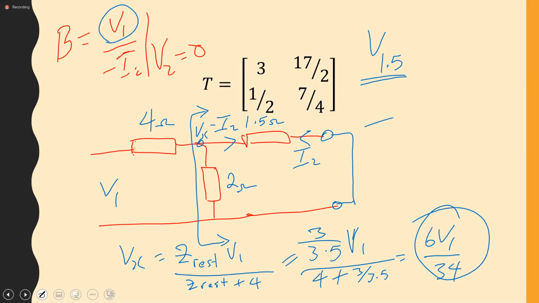So minus I2 is equal to Vx, which is equal to this, over 1.5. That is 4 V1 over 34. All right, thank you, sir. Yeah, no problem.